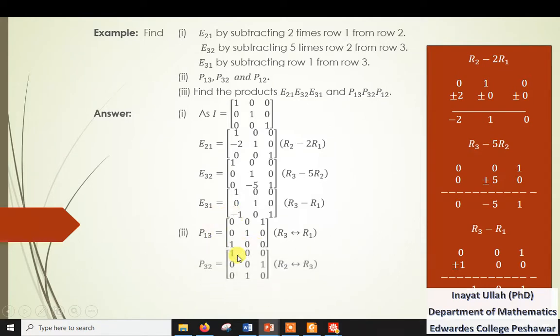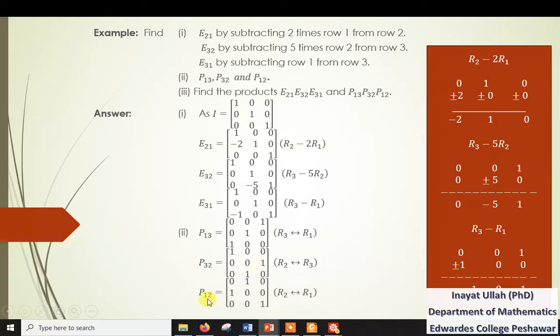And P32 will be obtained by interchanging row 2 with row 3. So interchanging row 2 with row 3 in this identity matrix, row 3 and row 2 will be interchanged to get this P32 matrix. And the last one is P12.